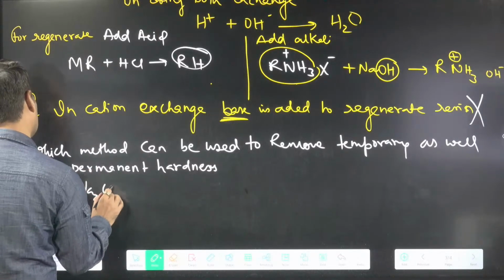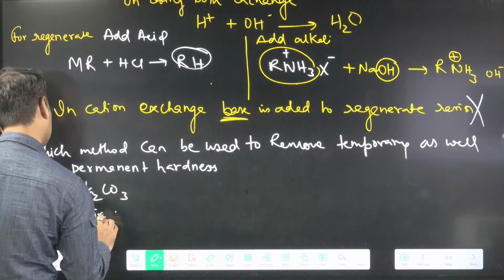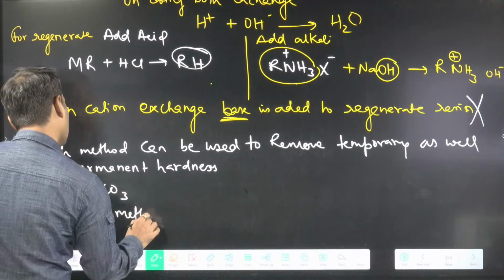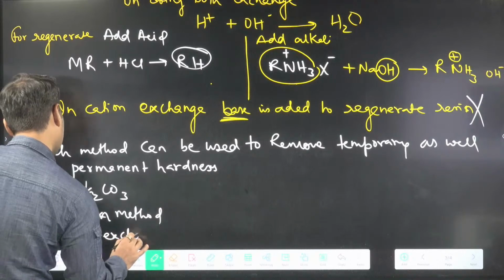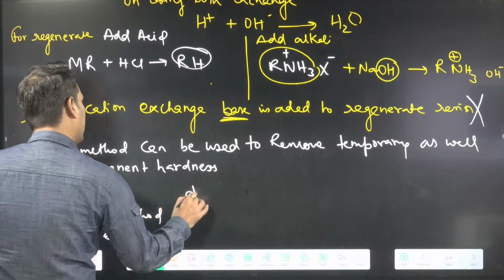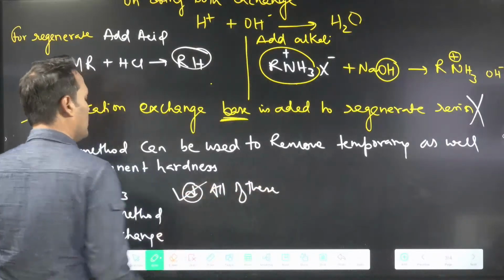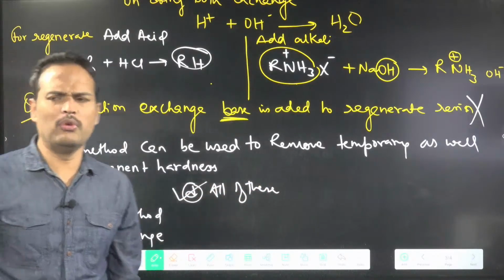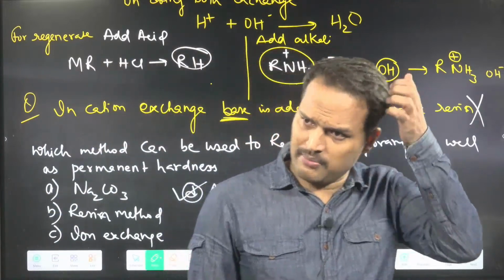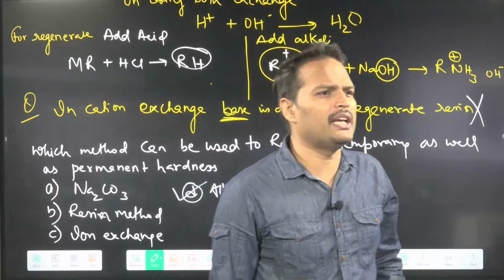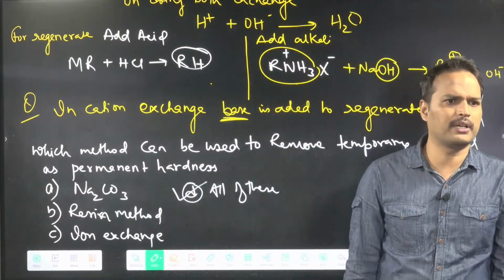So Na2CO3 is there, resin method is also there, and in the third one ion exchange method is also written, and your D option is all of these. So you can think like this, that almost whatever we are using for permanent hardness removal, that can also be used for temporary hardness.